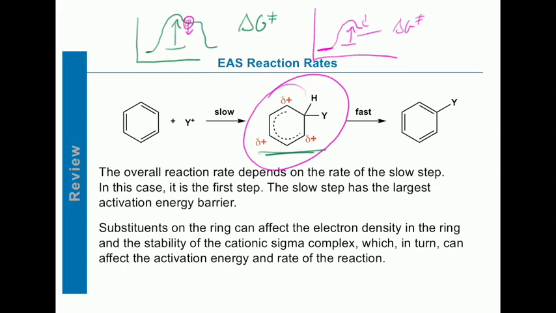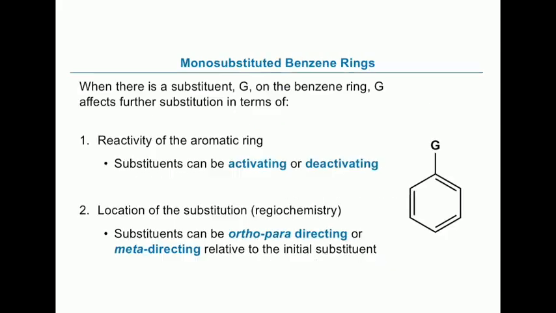This is called the Hammond postulate, but the idea is that if I understand the structure and the energy of some high-level species, the transition state near it will also have similar energy. So this is a 2-for-1. We can look at the stability of that intermediate and then come up with ideas of what might happen to the rate associated with forming that intermediate, right? They're linked together. So this is where the substitution pattern, what goes on this ring, will impact the stabilization of this carbocation.